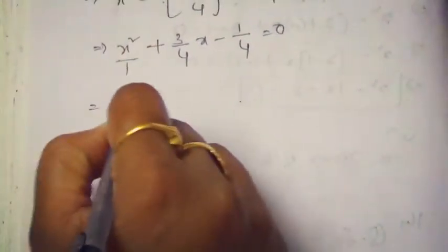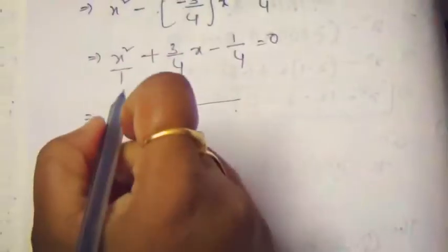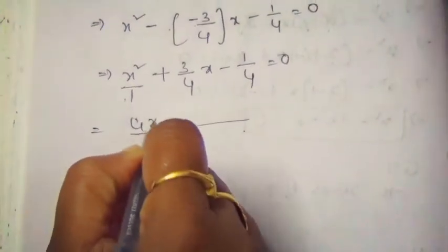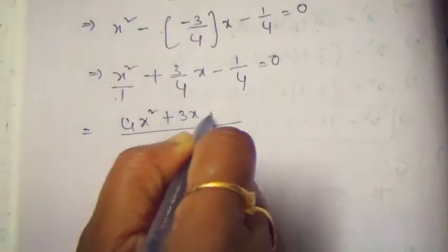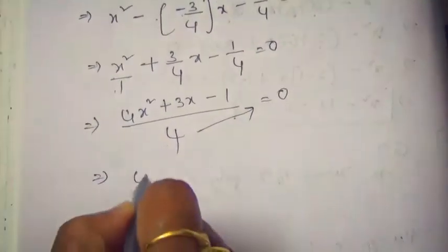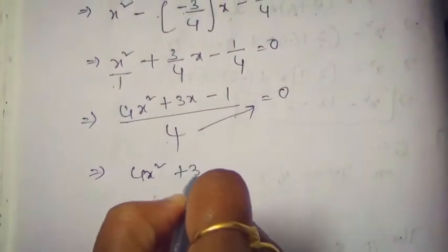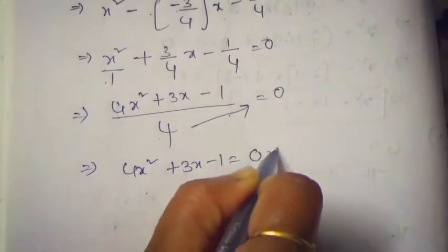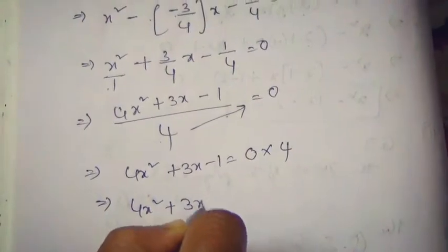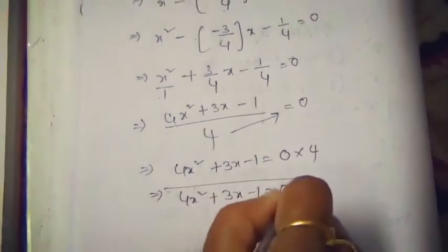So I just do LCM again. In 1 times 4 is 4, x square plus 3x minus 1 is equal to 0. That implies 4x square plus 3x minus 1 is equal to 0 into 4. That implies 4x square plus 3x minus 1 is equal to 0.